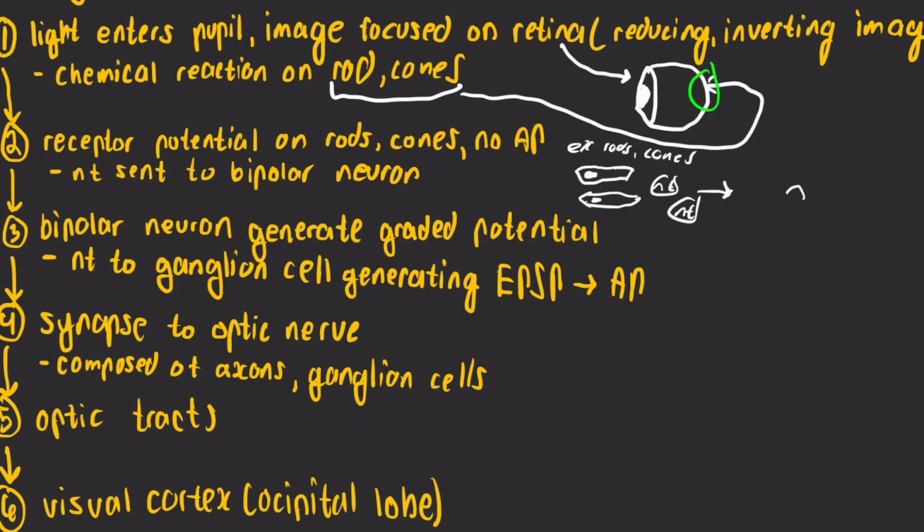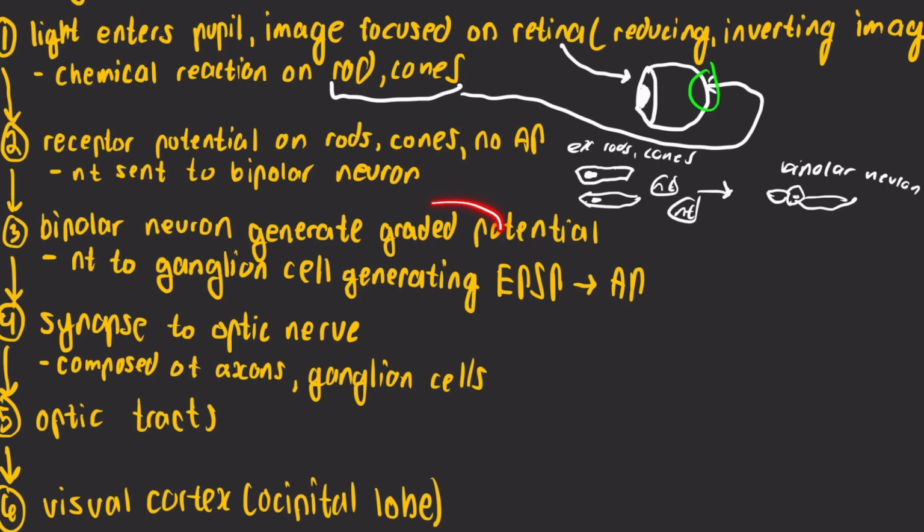That bipolar neuron looks something like this. Again, not very accurate, there are better diagrams out there, but generally that's what a bipolar neuron looks like. There are two directions it goes to. So the neurotransmitters are sent to this bipolar neuron. This will then generate not a receptor potential, but just a regular graded potential.